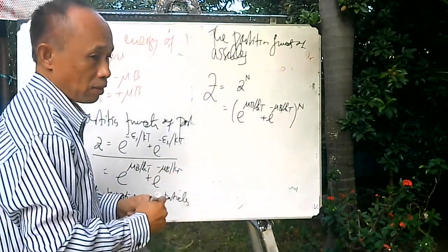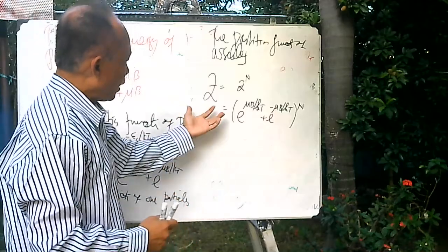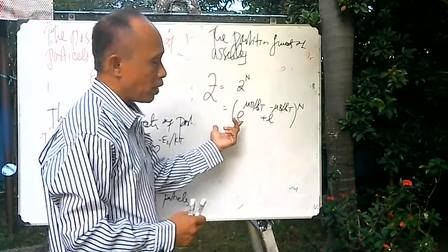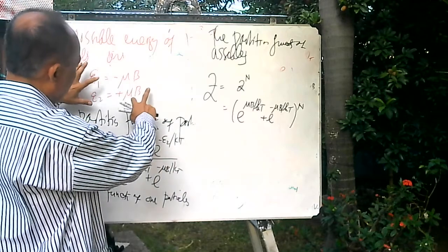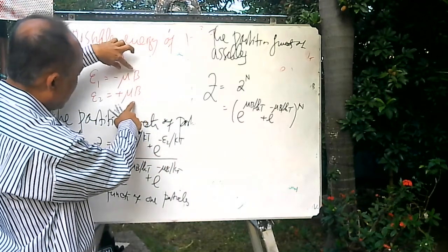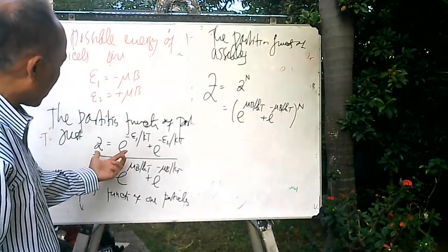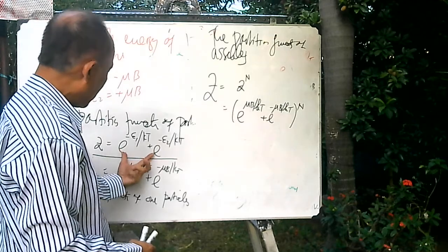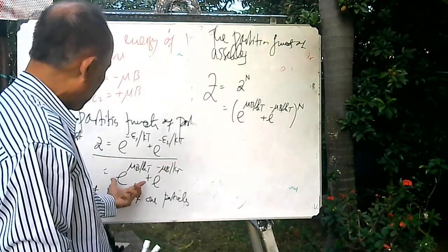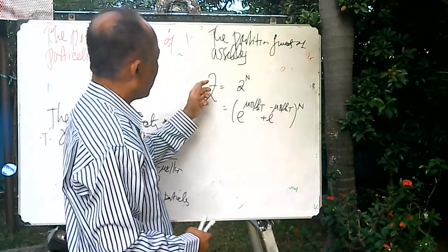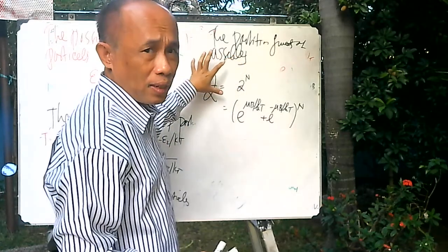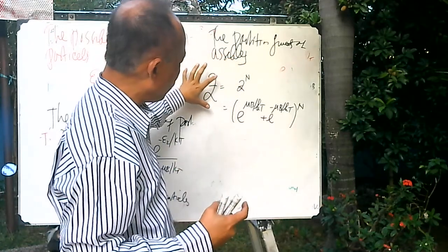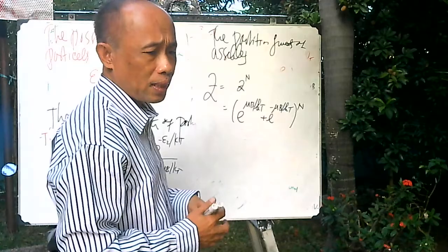This is the partition function of the assembly, and the calculation is very simple. From these two possible energies, we calculate the partition function of one particle, and then we calculate the partition function of the assembly in very simple steps.